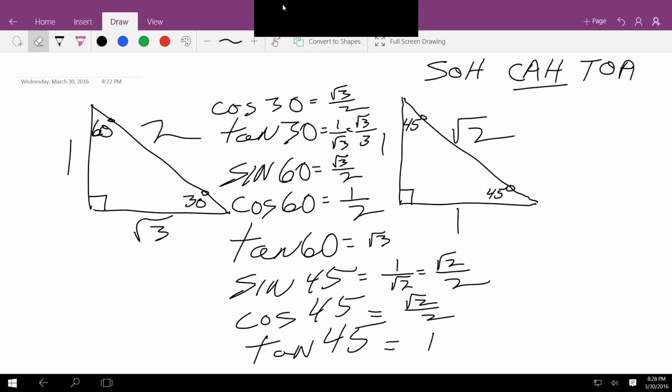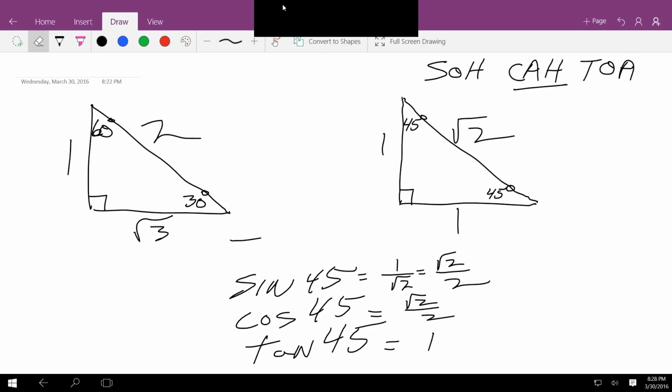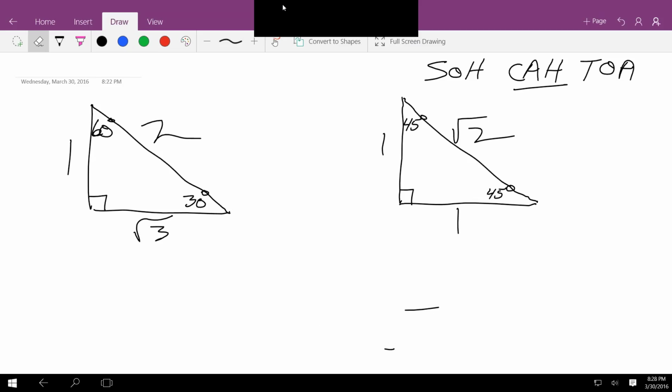What I do is know my unit triangles, and they allow me to figure out all of these. If I know SOHCAHTOA and the dimensions on these two unit triangles, I can figure out all your trig functions for any of these three angles. And that's a big part of trig.